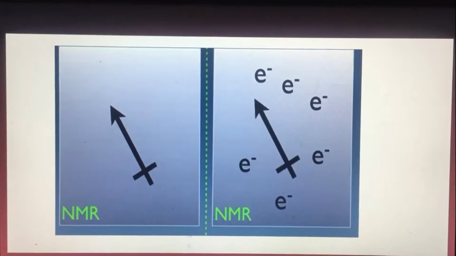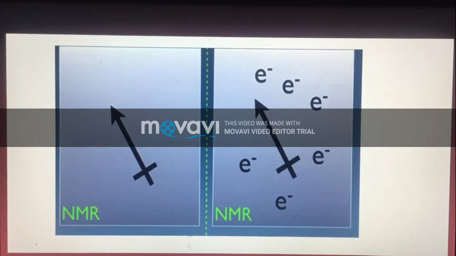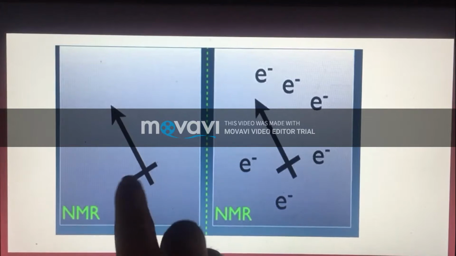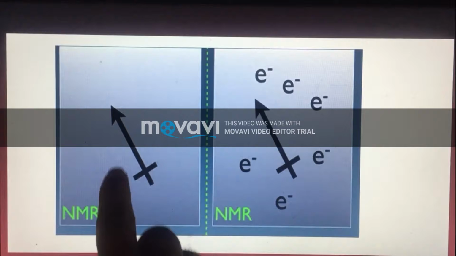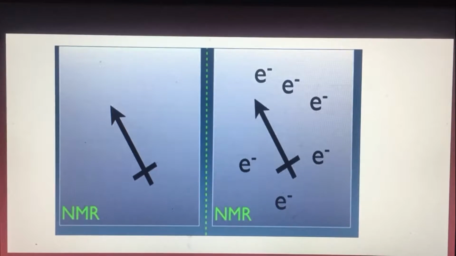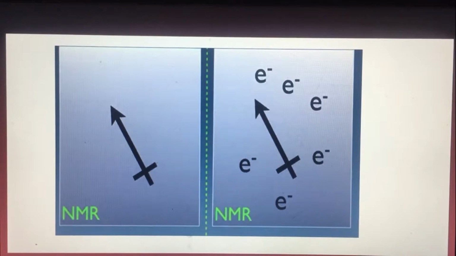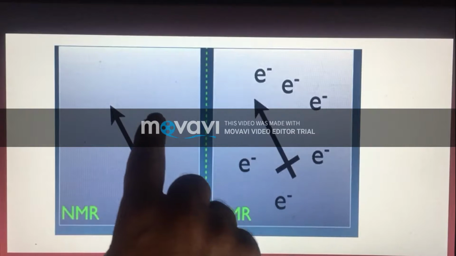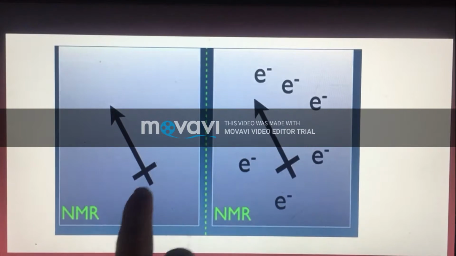Now let's see first what shielding and deshielding are. Suppose that you have a nuclear magnet. This arrow represents the magnetic direction of the nucleus. This acts as a magnet, so it is represented by a vector. Okay. In this nucleus, there are no electrons shielding, so this is deshielding.